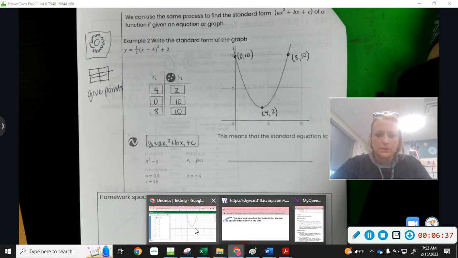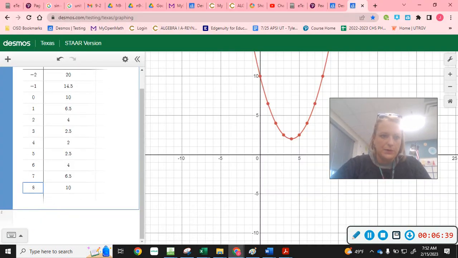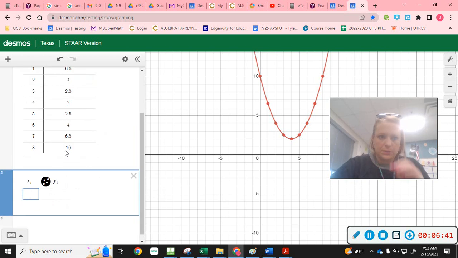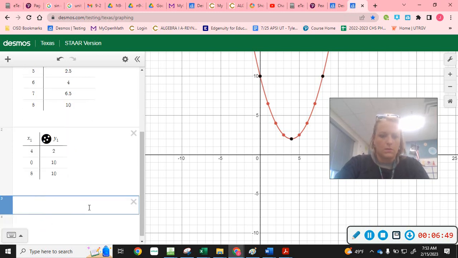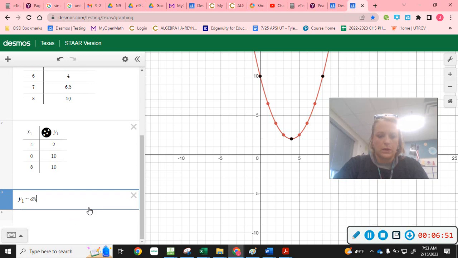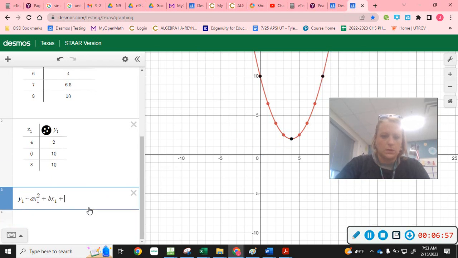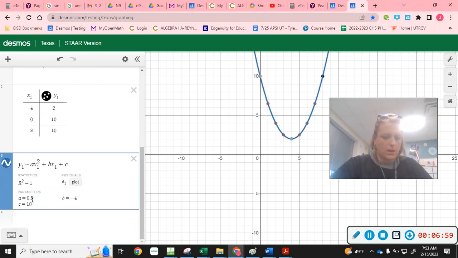Let me do this for you. You can even do it just underneath this table that you have. Just hit plus sign, table, and then type these in. The formula is y1 squiggle ax1, oops, forgot the squared, plus bx1 plus c. We got 0.5 is my a, negative 4 is my b, and then I have my c.